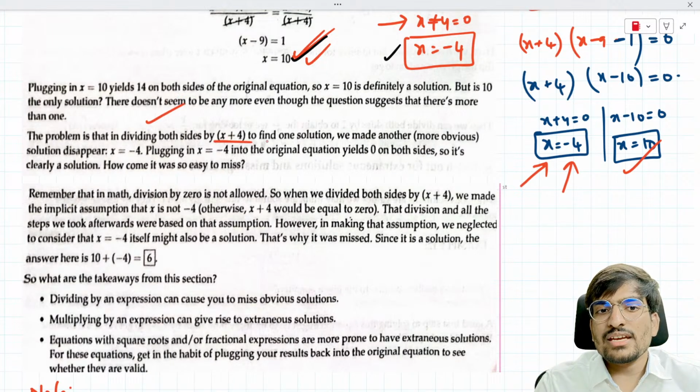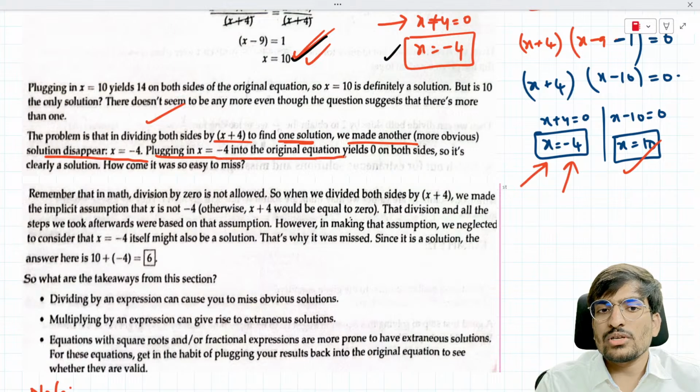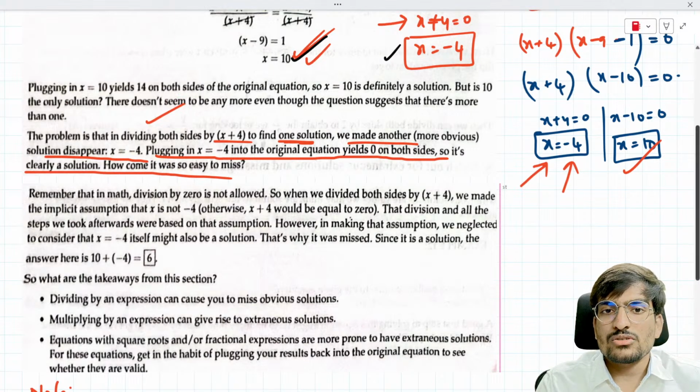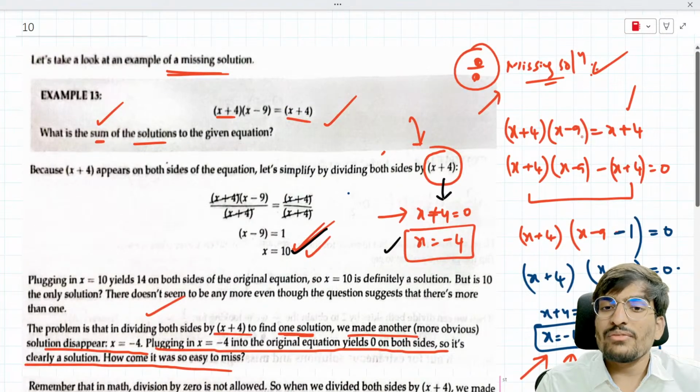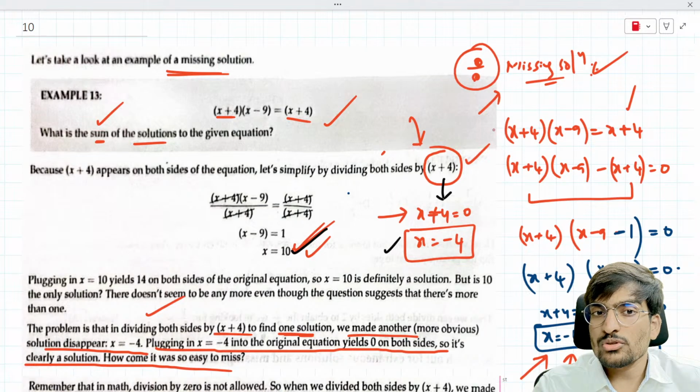So why do we miss a solution? Dividing both sides by x plus 4 to find one solution, we made another more obvious solution disappear, x equal to -4. Plugging x equal to -4 into the original equation yields 0 on both sides, so it's clearly a solution. We assumed that it's not going to be a solution and we divided by 0. But that is also a solution. How do we know? If you have any doubt, you can plug back into the equation.